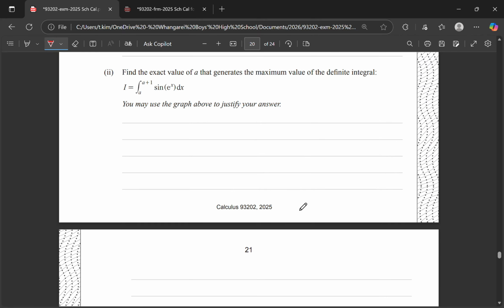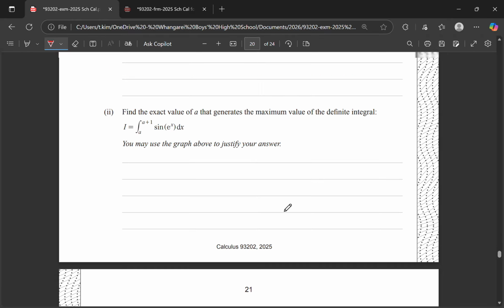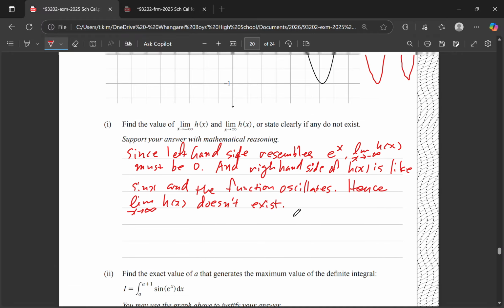All right, next question. Find the exact value of a that generates the maximum value of the definite integral R equals the integral from a to a plus 1 of sine of e to the power of x dx. You may use the graph above to justify your answer.